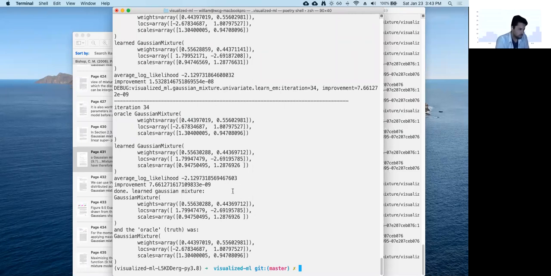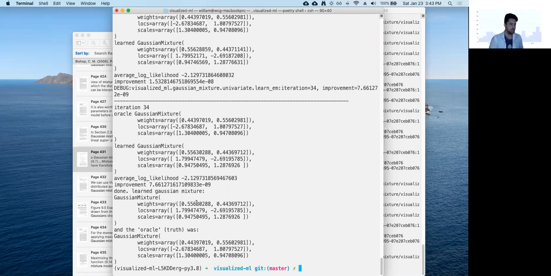As you can see at the end here, it was able to learn almost exactly what the original mixture was. It has them swapped, but it doesn't matter whether something is mixture component 1 or mixture component 2.